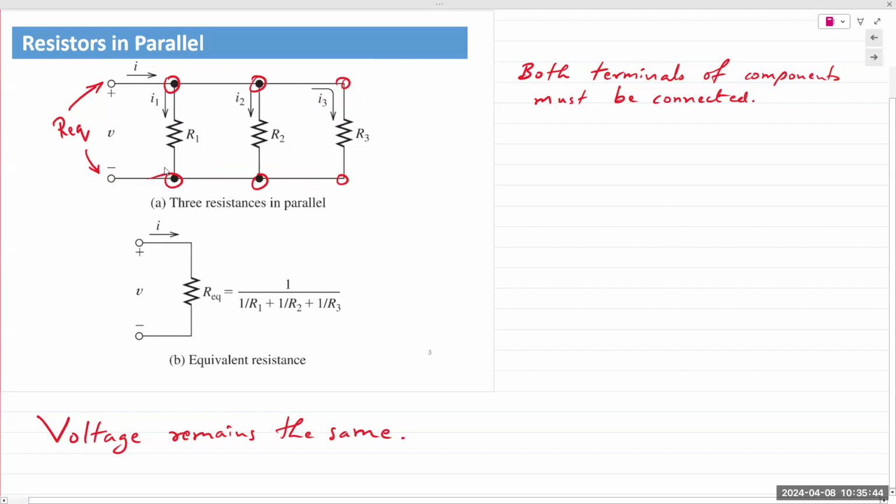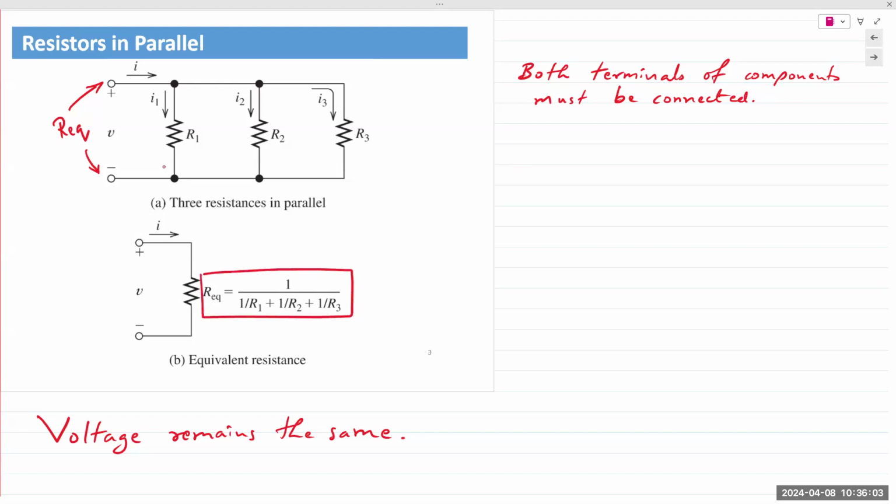Okay, important concept to keep in mind. Does that make sense? So our Req in this case, as it is given here, is the reciprocal of the sum of the reciprocals of the resistors in the circuit.